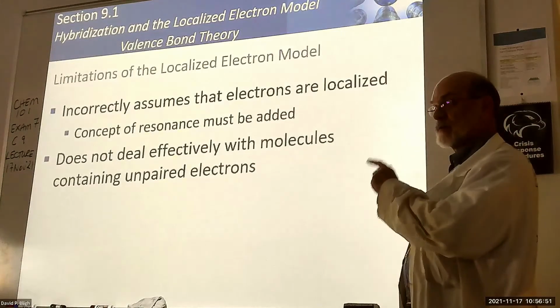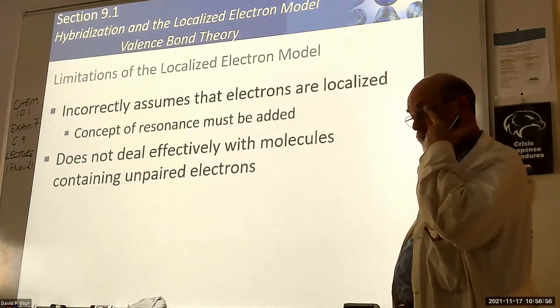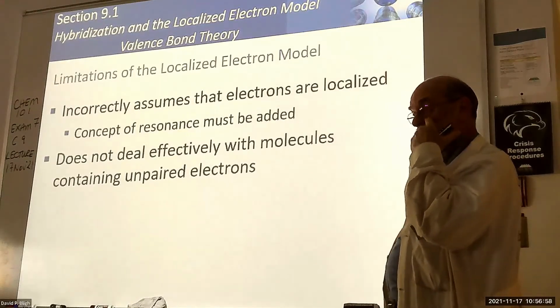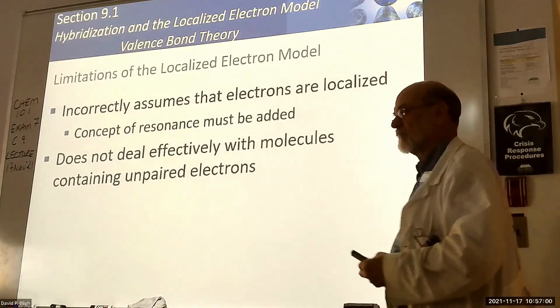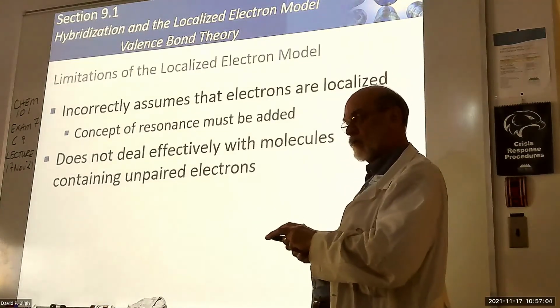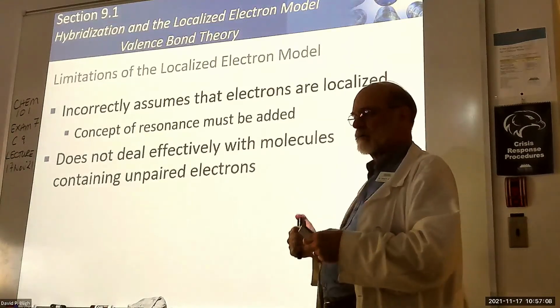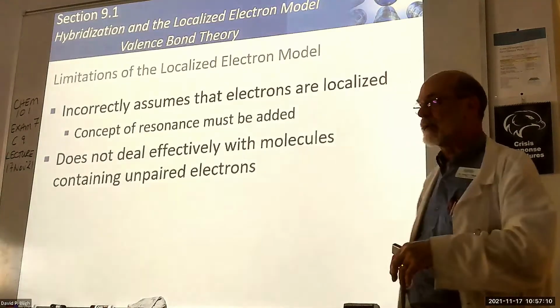But they do exist. Unpaired electrons do exist, and they've got a special name. They're called free radicals. Free radicals have unpaired electrons, and they're very dangerous. They're very reactive molecules.